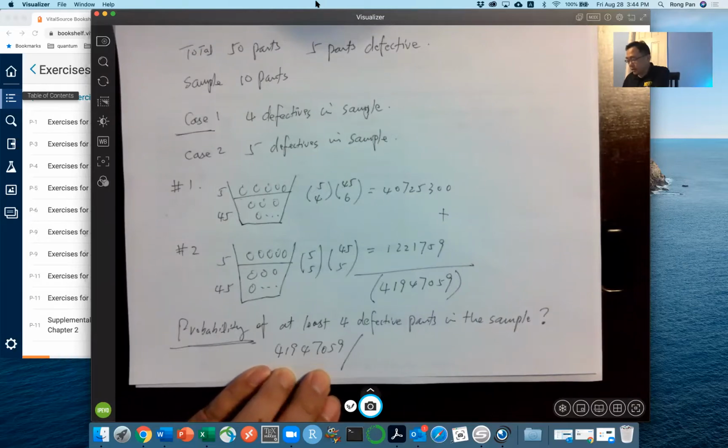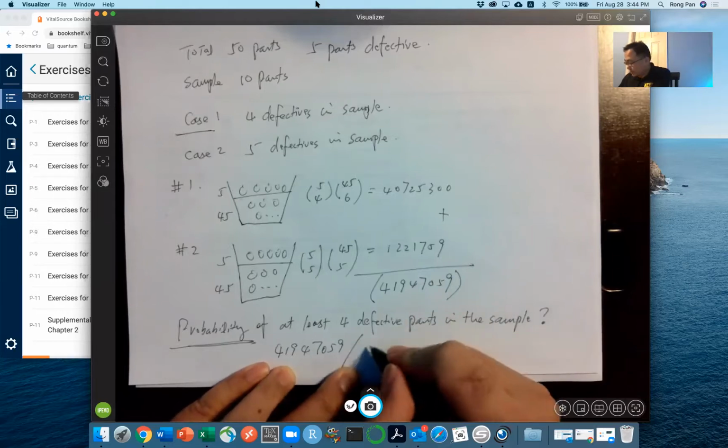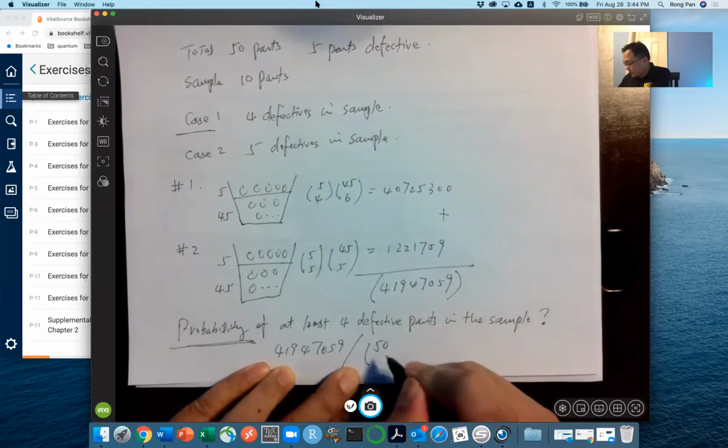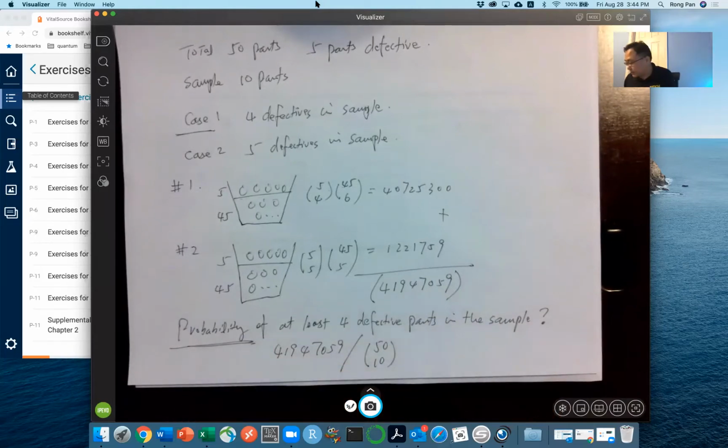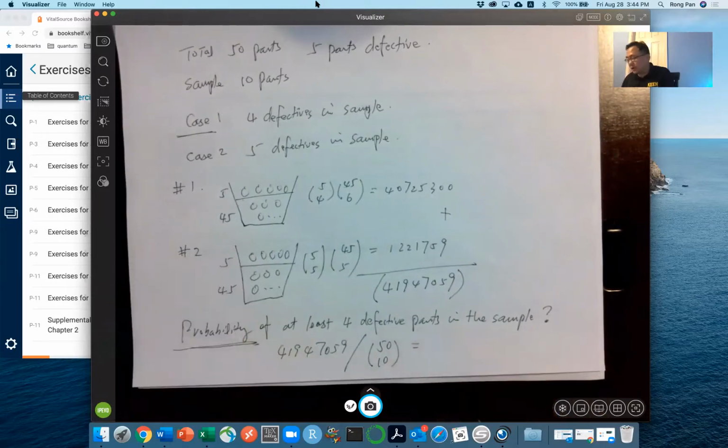Well, basically, you randomly choose 10 parts from 50 parts, right? So that's the count of elements in the whole sample space.